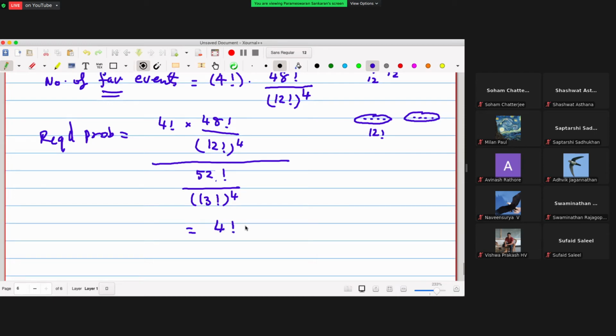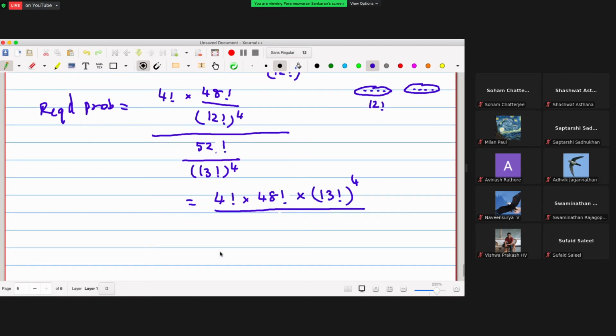4 factorial times 48 factorial, I try to put the bracket instead of 48 factorial, times 13 factorial power 4, divided by... actually it is not such a horrible calculation.